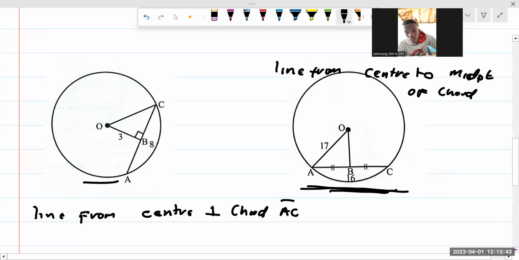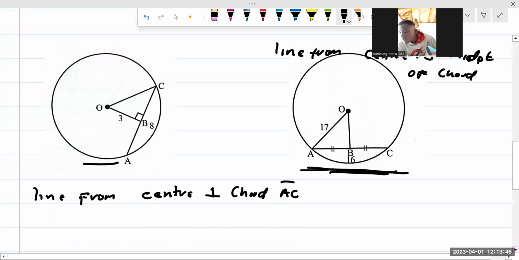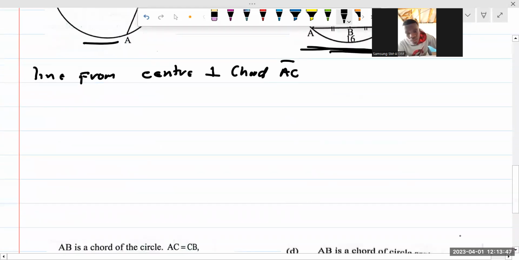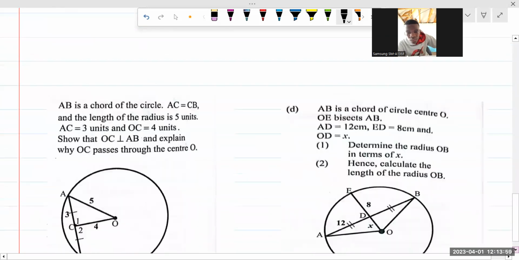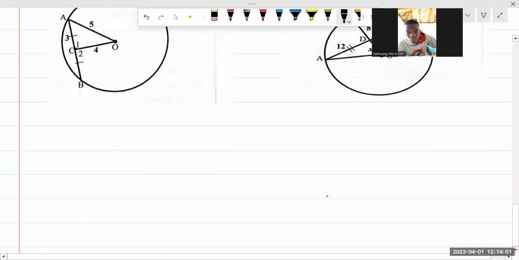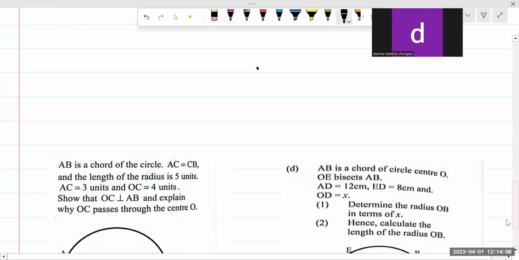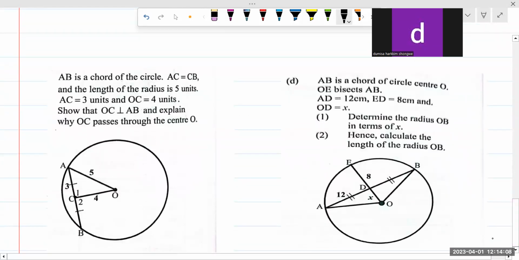Of the chord. Now I'm just going to give you some few diagrams as we recap so that you can look at them and then tell us what are we given in each of those circles. So let's look at the following. In the following diagram, what will you say we are given here?